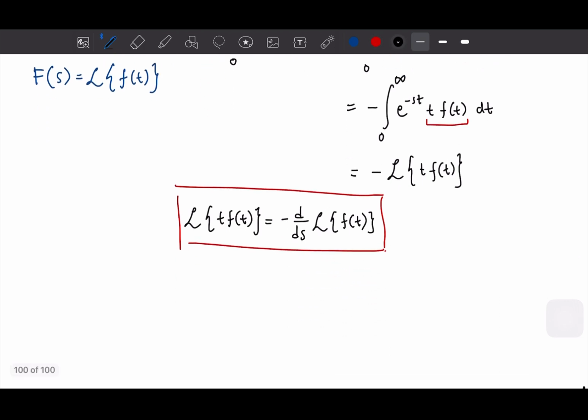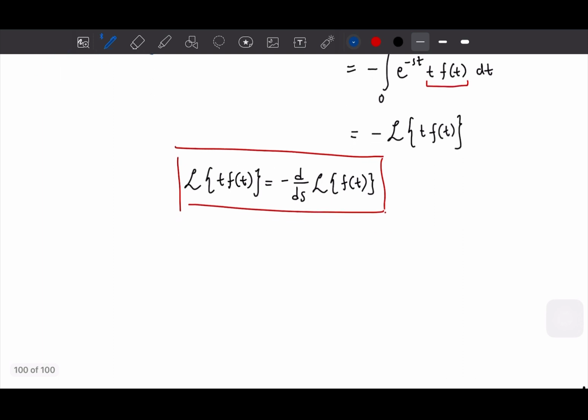And then what happens if we have the Laplace of t squared f(t)? If this is t squared, we can think of it as t multiplied by t, right?